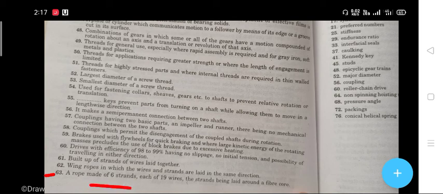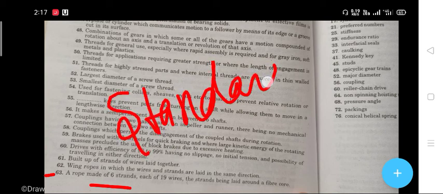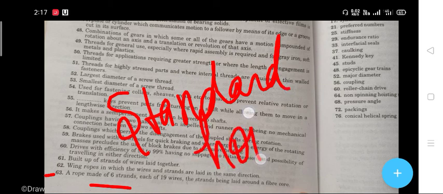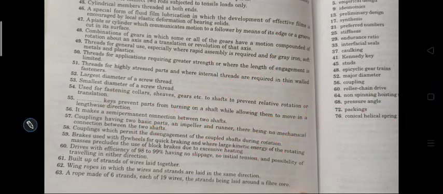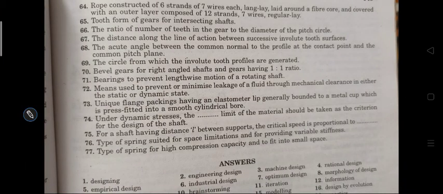Next question, question number 63. A rope made of 6 strands, each of 19 wires, the strands being laid around a fiber core. The right answer is standard hoisting rope. The next question, question number 64.